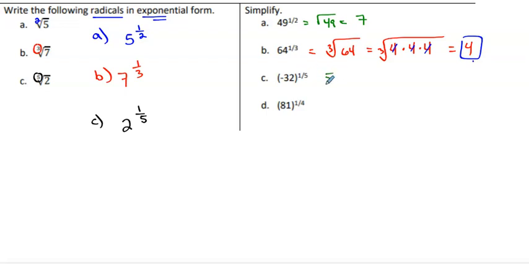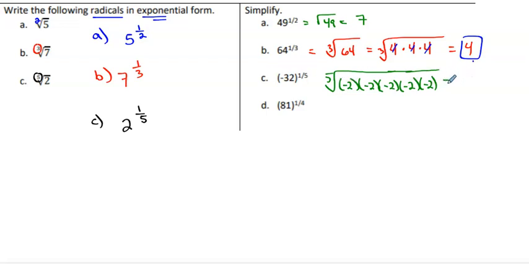This is the fifth root of -32, and one number times itself 5 times will give you -32. So -2 times -2 times -2 times -2 times -2. I wrote that -2 5 times, right? So 2, 4, 8, 16, 32. 5 negatives will stay negative.